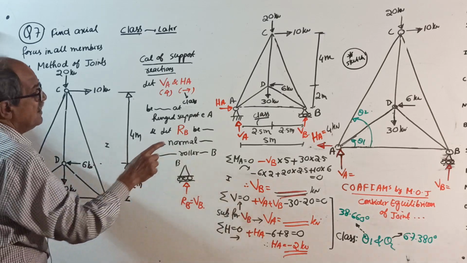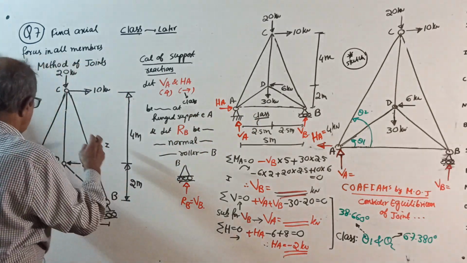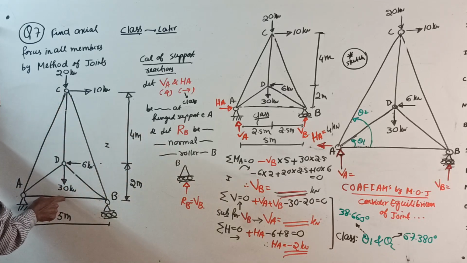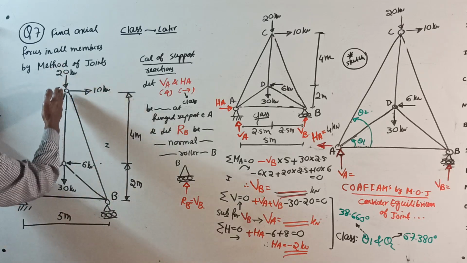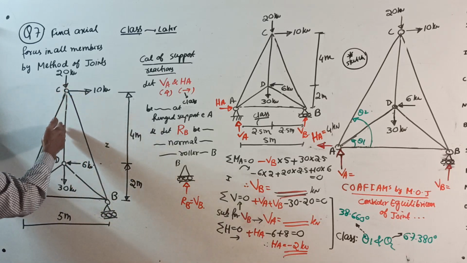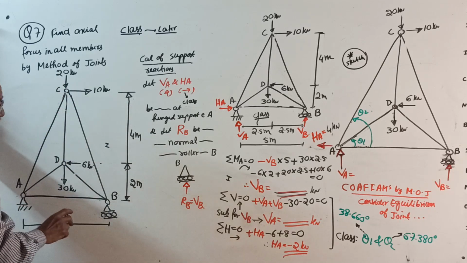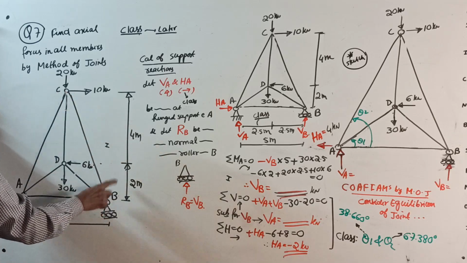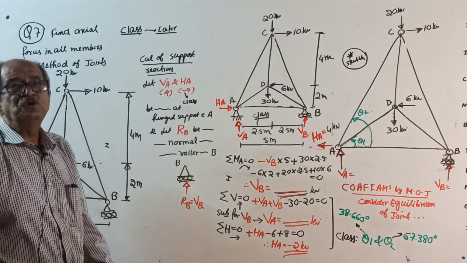See, they have not told what this distance and that distance are. So, make a note here, class. Since data is not given, if I project CD vertically down, this vertical member CD is exactly midway. Means if the base is 5 meter, if the vertical member is projected down, it will cut the base at the exact center. Or you make a note: ACB and also ADB are isosceles triangles.